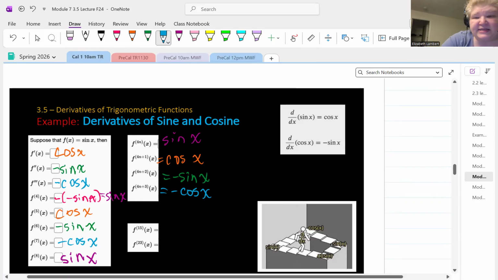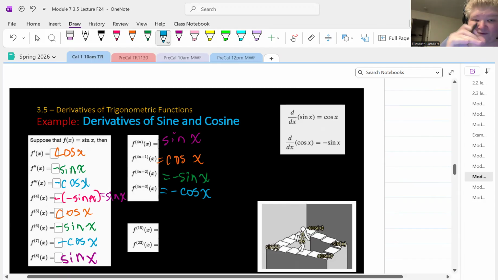So when we look at these weird numbers, like the 15th derivative of sine x, if it was the 16th derivative, that would be divisible by 4, and I'd be back to sine x. So the 15th derivative is 1 before that, and the one before that is the bottom of the pattern, negative cosine.